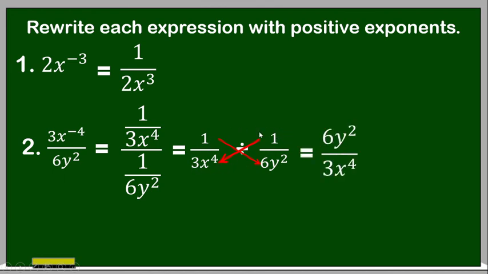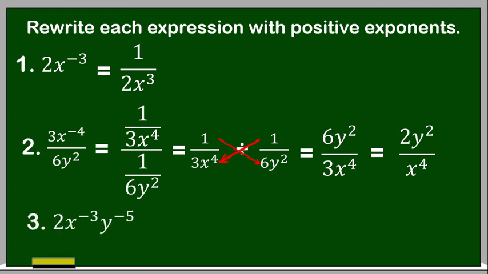And that gives 6y squared over 3x to the fourth power. So you are going to simplify 6 divided by 3, and that is 2. So the final answer is 2y squared over x to the fourth power.